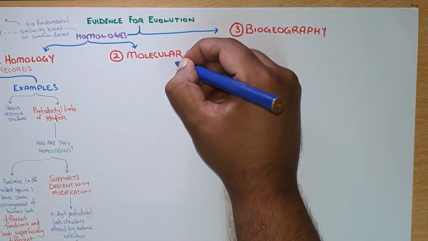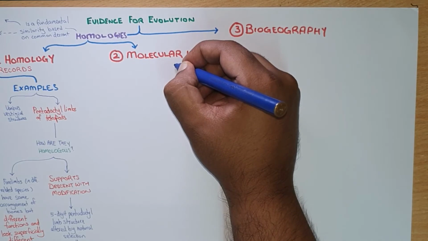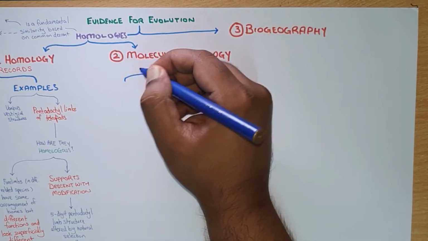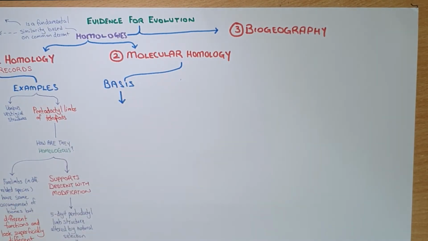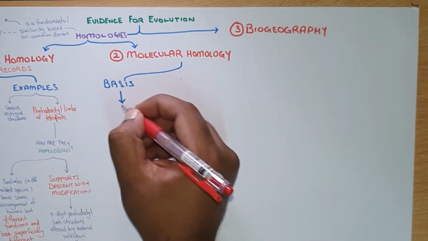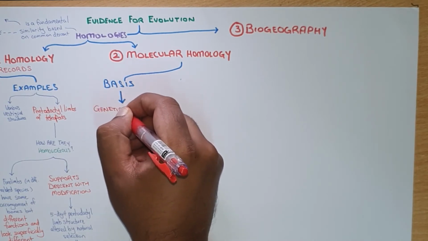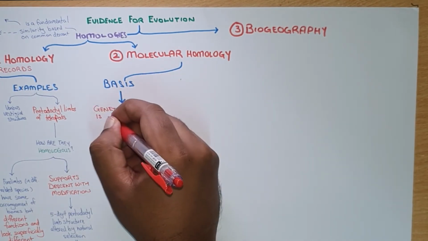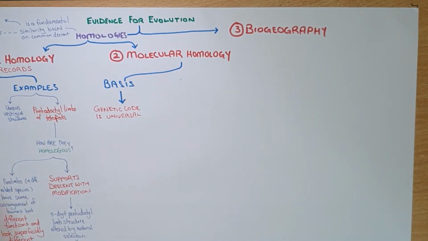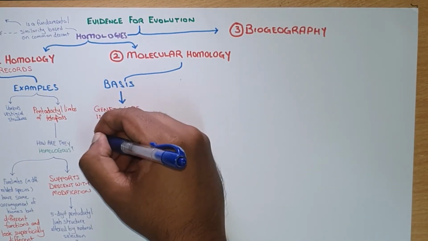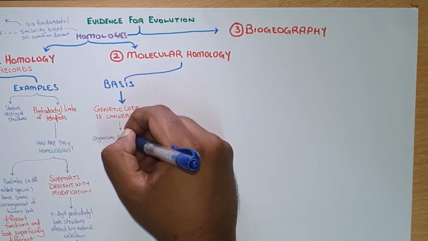Now, we've talked about molecular homology at quite great length in the previous video, so this is just a quick summary of all the main points. The basis of molecular homology, again, boils down to us using the genetic code. And this genetic code is basically your DNA. It is universal. It is shared amongst all organisms, be it humans, beetles, insects, amphibians.